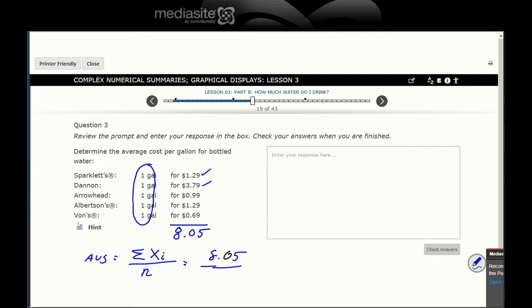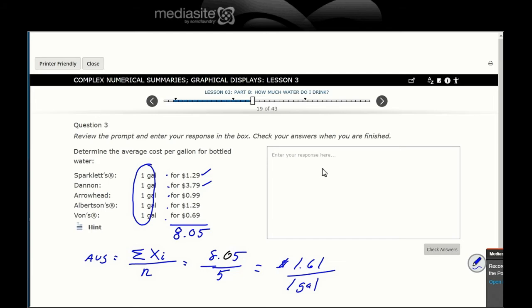And 1, 2, 3, 4, 5. Divide that by 5. For a $1.61 average price per gallon, for every 1 gallon.